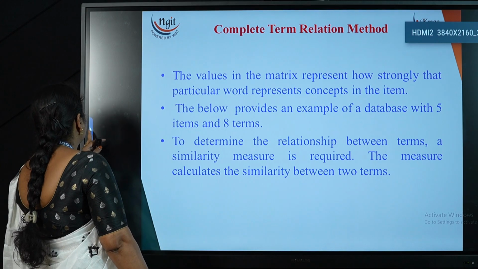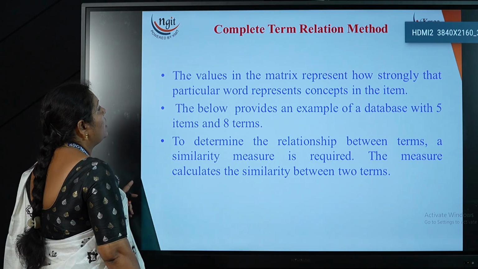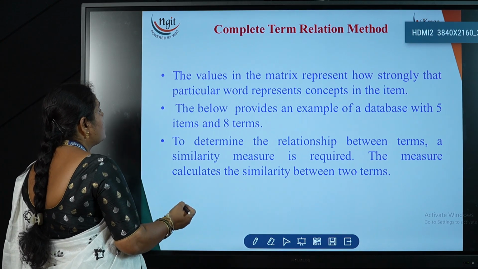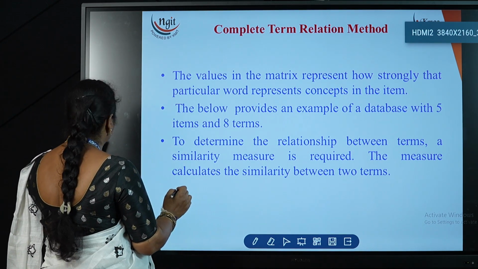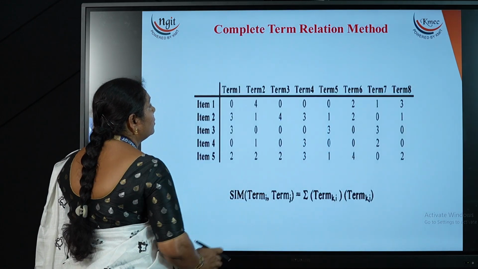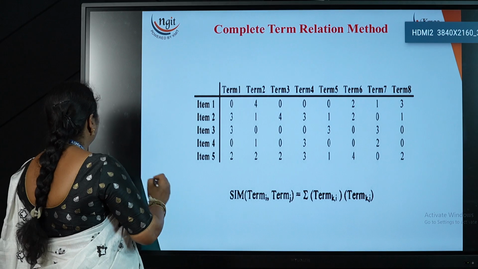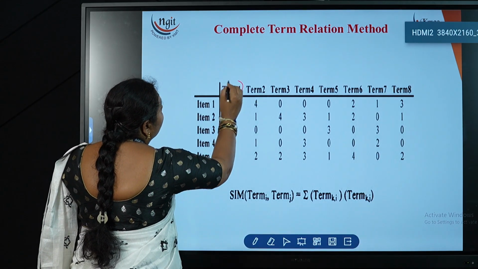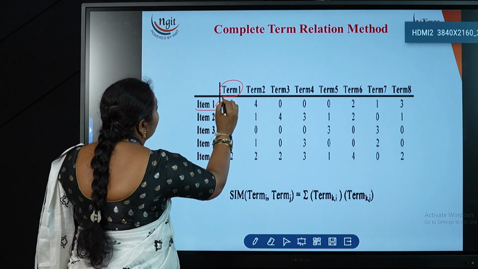The values in the matrix represent the strength of the relationship between the two, how strong they are. For example, if you see here, you have term 1 and item 1. What is the similarity between these two?